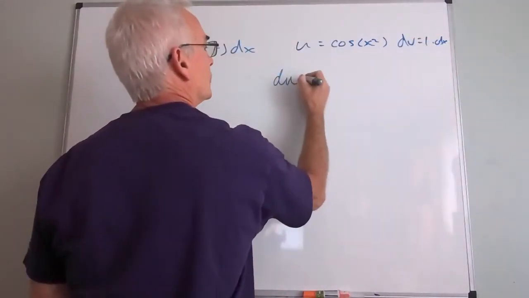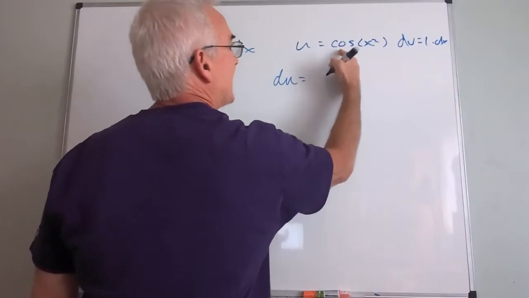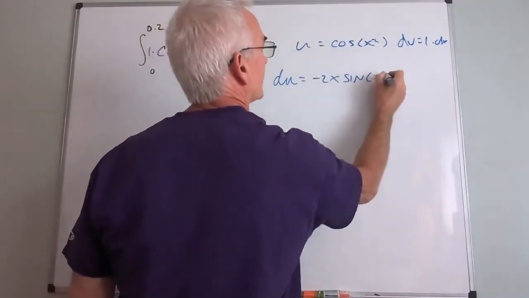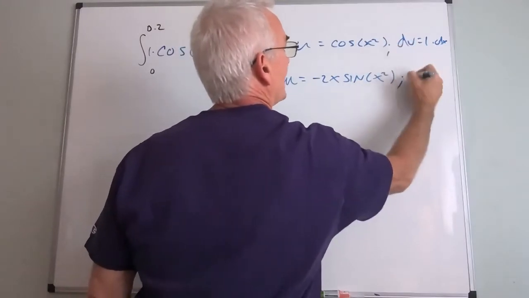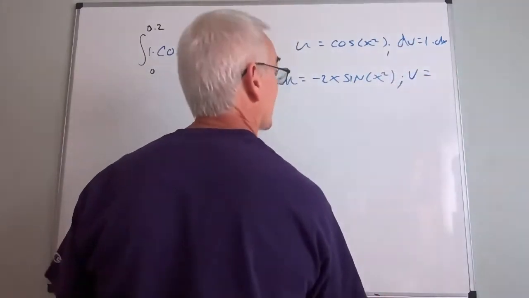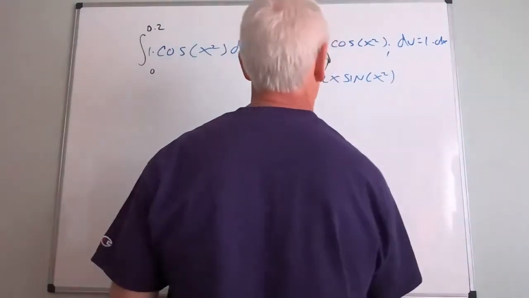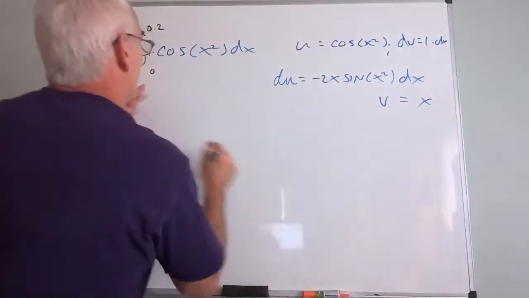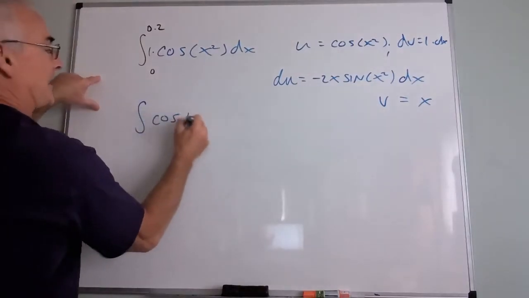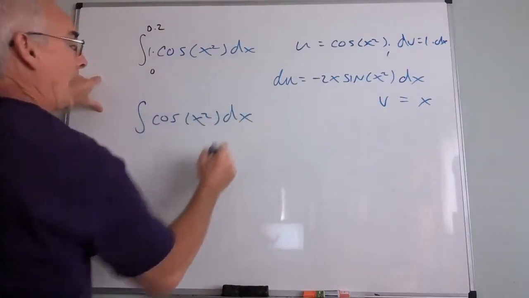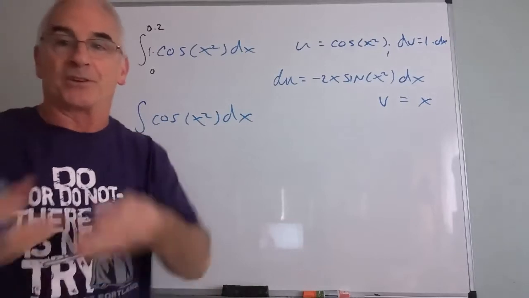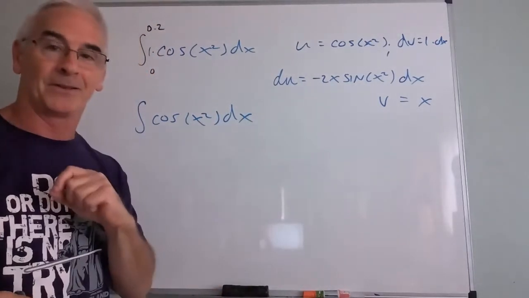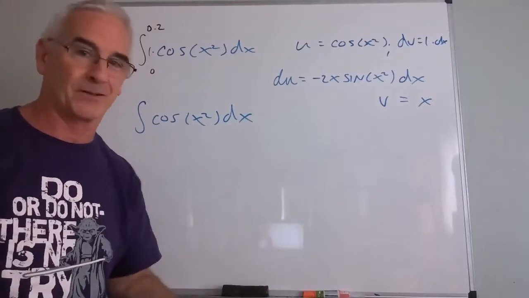Then my du would be the derivative, which would be negative sine. So I'll put the negative 2x in front, and my v would be, sorry, I need a dx there. Sorry, getting a little crowded here. And then my v would be x. So let's see the general antiderivative. Let's see if this actually will work. I love integration by parts because you can take problems that seemingly cannot be answered, and you can often, and that's the key word, often answer them, not always.